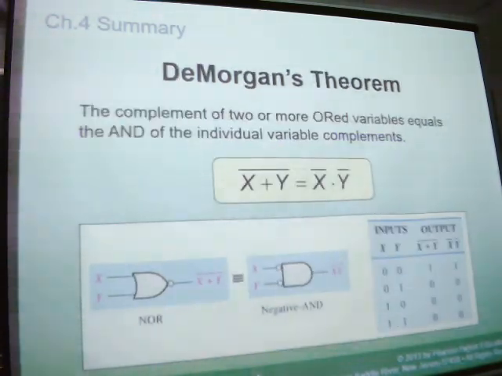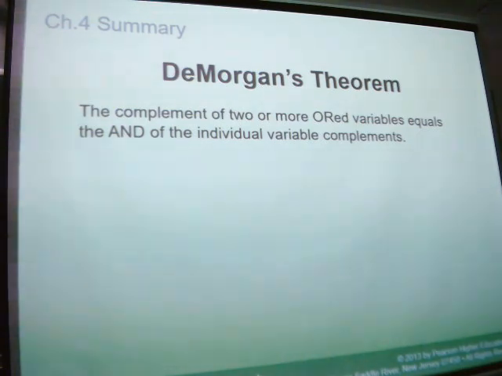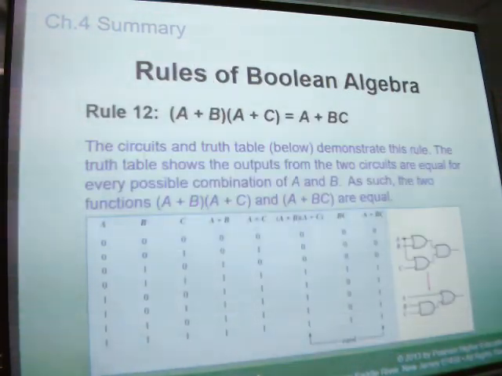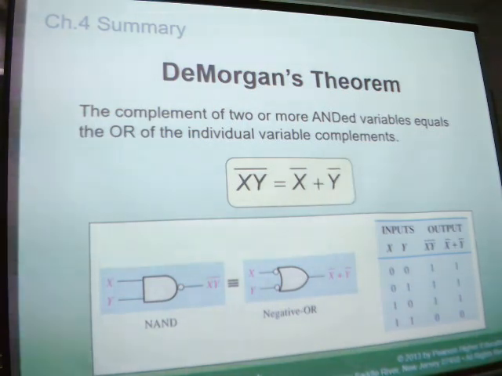Then section 4.3, De Morgan's theorem. It has two forms. One form is x, y bar equals x bar or y bar. Also, x, y, z bar equals x bar or y bar or z bar, and so on.